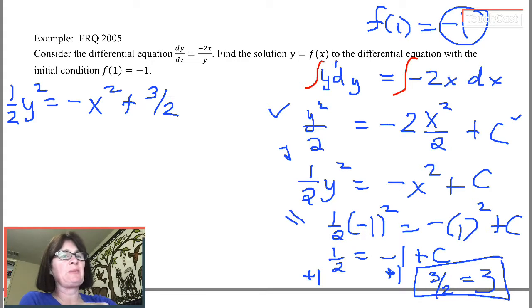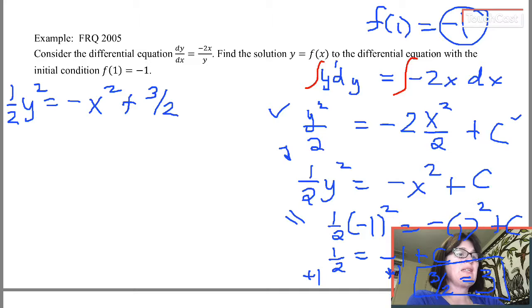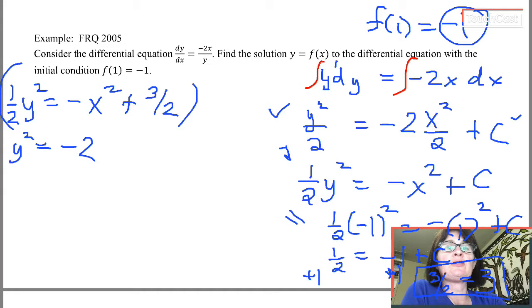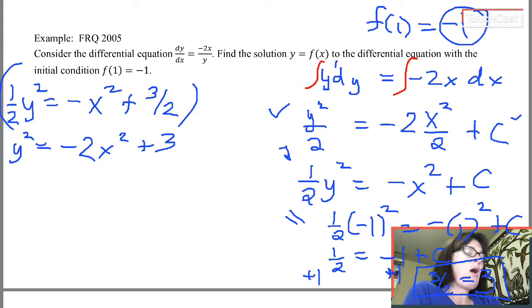My last step is going to be to do whatever algebra I need to do to isolate y. So let's see. I might multiply both sides of this equation by 2 to get y squared equals negative 2x squared plus 3. And now if I ask myself what's happening to y, it's getting squared. To undo squaring, I take the square root of both sides.